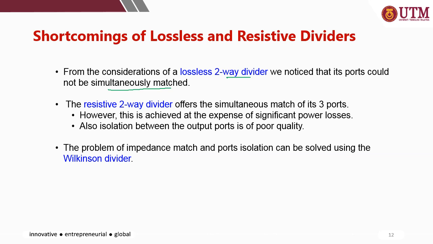However, it provides poor isolation and also significant power loss within the transmission line itself. Therefore, to improve further, an improved version of the power divider is introduced, which is known as the Wilkinson power divider. Okay, so I'll discuss this in the next lecture.